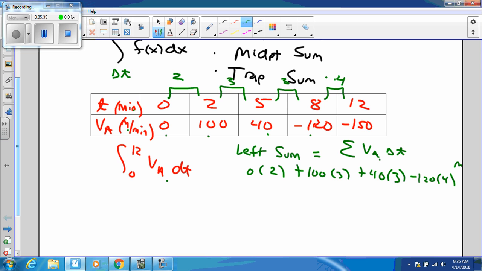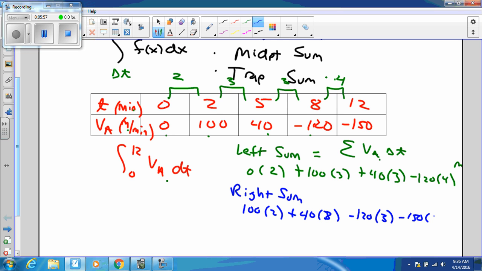That's my left sum. Right sum, very, very similar, but I'm going to pick the values on the right-hand side. And that's going to give me 100 times 2 plus 40 times 3 minus 120 times 3 minus 150 times 4.